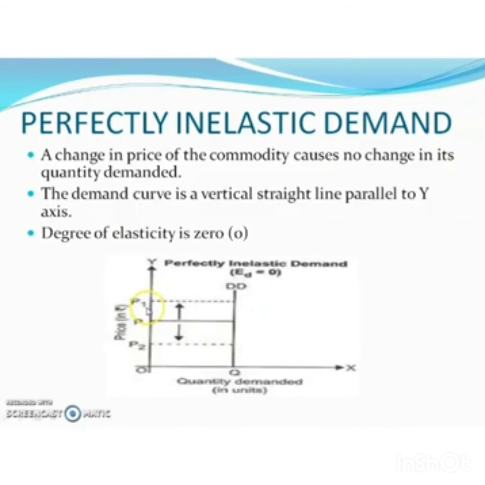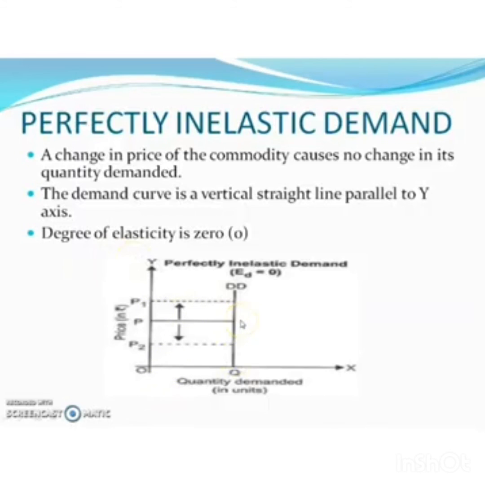Here an increase or decrease in the price level of a commodity does not affect its quantity demanded. Quantity demanded of the commodity is always the same, OQ. There is no change in quantity demanded whether the price increases or decreases. So the demand curve is a vertical straight line parallel to the y-axis.